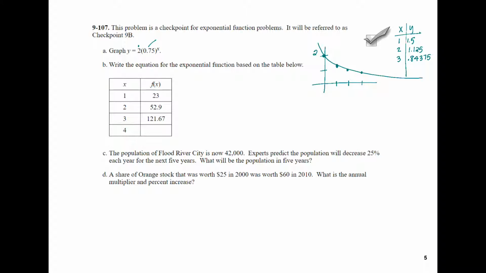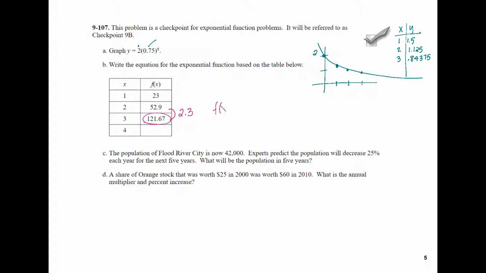In problem B, it says write the equation for the exponential function based on the table below. We can take our larger number and divide it by our number above it to get our multiplier, because division is the inverse of multiplication. So when you divide 121.67 by 52.9, you get 2.3.